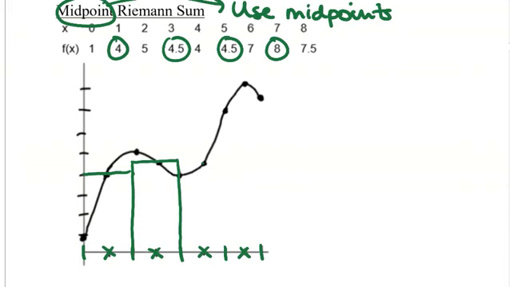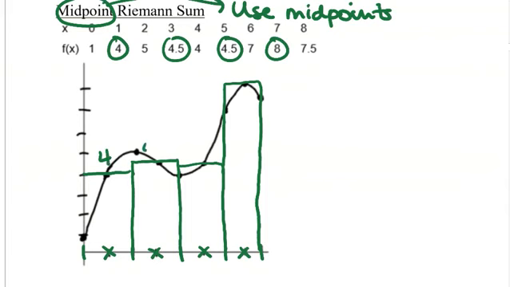Is that right? I think this picture's a little off. And then I'm going to say, okay, that has height 4. This has height 4.5. Oh, that's supposed to be 4.5. Well, maybe I can just put that in. Another 4.5, and this one's 8.